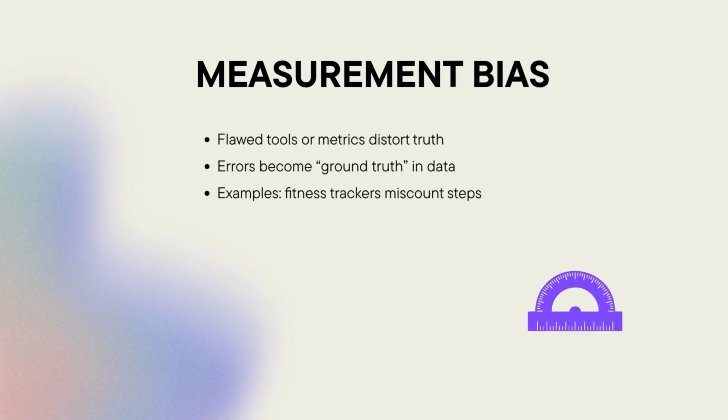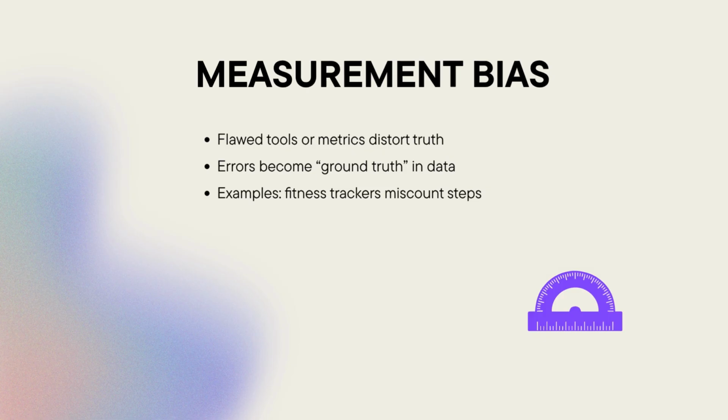Measurement bias happens when the tools or metrics used to collect data systematically distort reality. This is especially dangerous because it hides behind numbers that seem objective. For example, fitness trackers often miscount steps for people who use wheelchairs or who walk with irregular gaits.